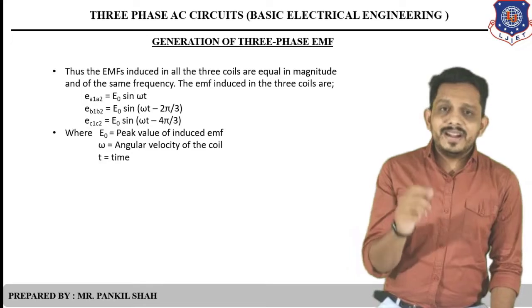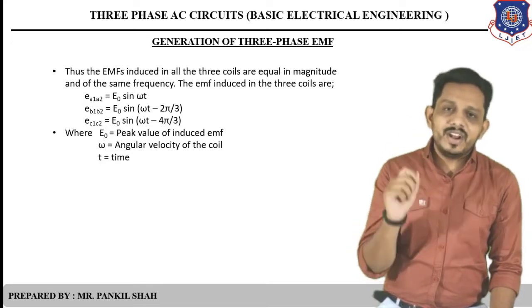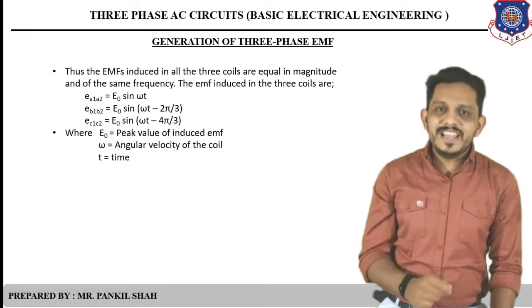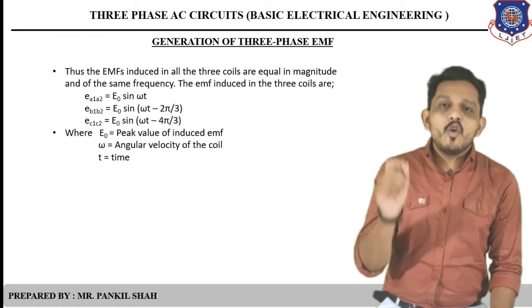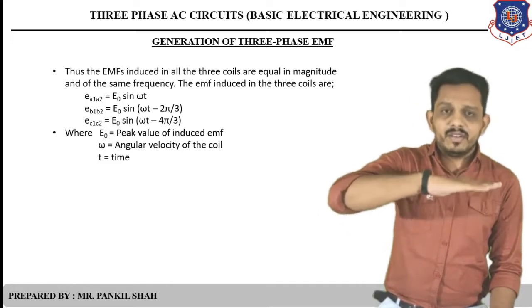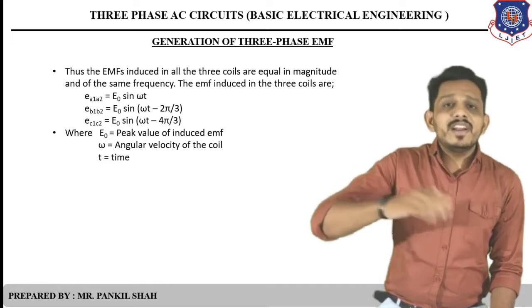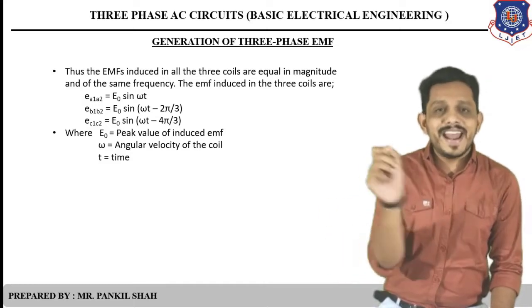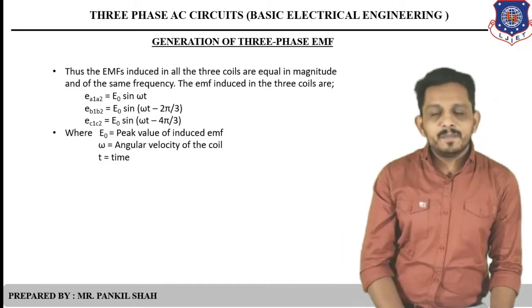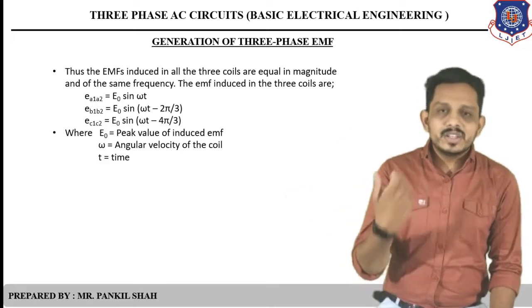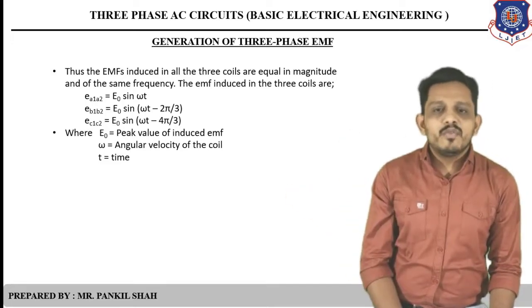Then we have to write the EMF induced in the second coil, denoted by E2, and it is given by the maximum EMF Em sin(omega t minus 120), because whenever the first coil was at 0 degree, the second coil was at some angle behind the first one, so it will be negative, minus 120. And for the third coil, it was 240 behind the first coil, so it will be minus 240.